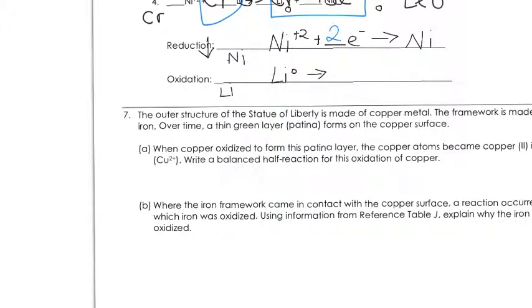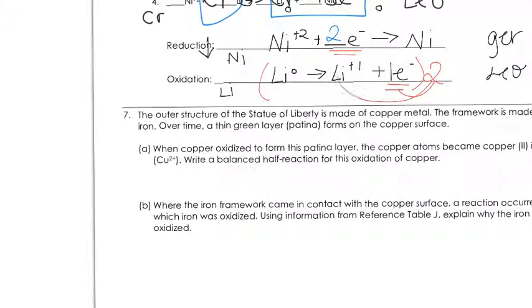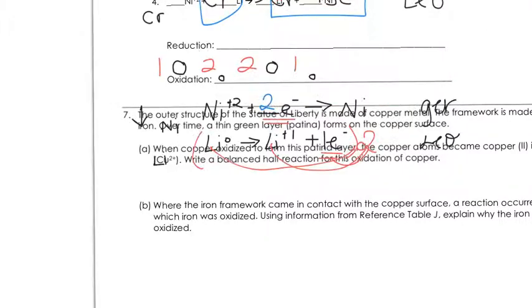Know that you need to get to Li plus 1, and you need 1 electron to make that happen. GER and LEO. All right, if you notice your electrons are uneven, as they are here, multiply to get them to be even. Your lithiums will then have a 2 coefficient. Your nickels will have a 1 coefficient.